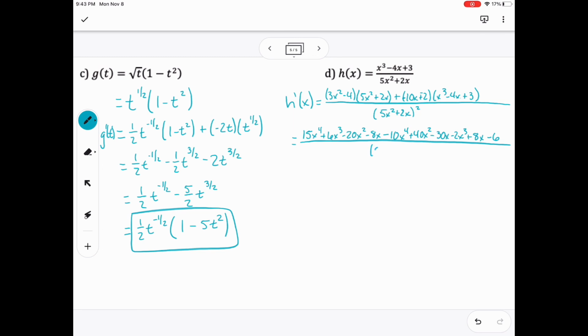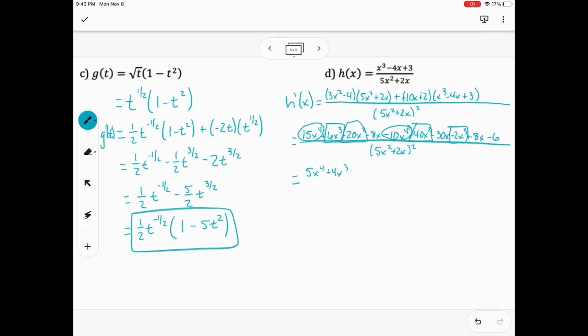And then from there, I want to look for like terms, so 15x to the fourth and negative 10x to the fourth are like terms. 6x cubed and negative 2x cubed are like terms as well. Negative 20x squared and 40x squared are like terms. Negative 8x and positive 8x cancel each other out, leaving you with negative 30x and then a minus 6.